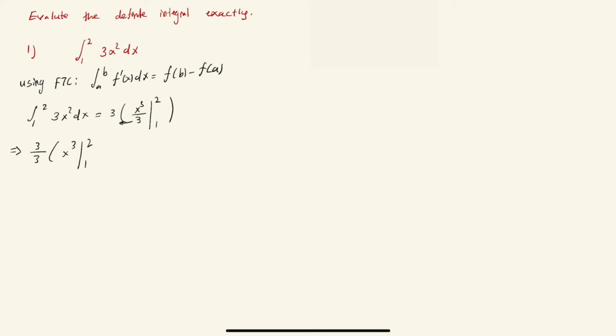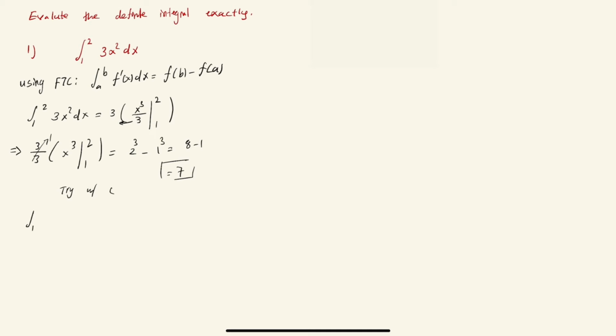Then we have just x cubed, evaluated at 2 and 1. That's equal to 2 cubed minus 1 cubed, which is 8 minus 1, equal to 7. Notice that the resulting value of the definite integral is just a number.